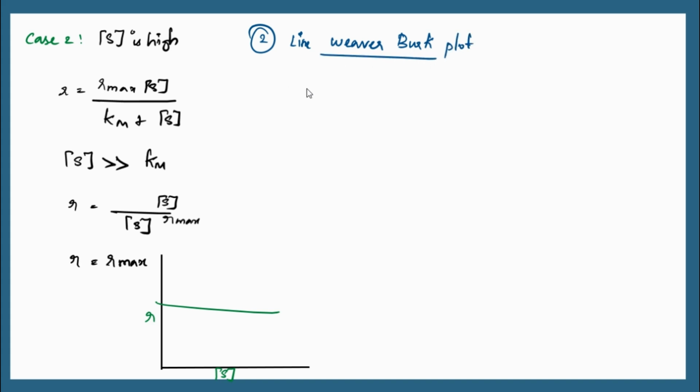This will be plotted between the inverse of rate versus the inverse of substrate concentration. Okay? So what is the rate equation? Rate equation: R equal to R max concentration of S by Michaelis-Menten constant plus concentration of S.